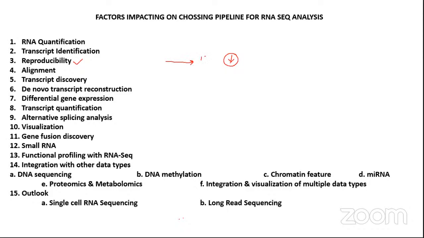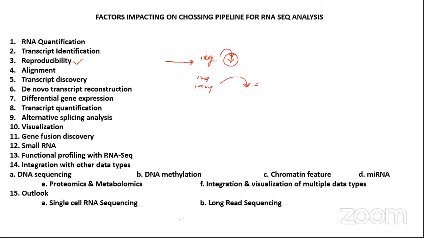If I am taking 1 microgram of RNA, then I am able to see my lowly expressed genes coming. But if I am taking only 1 nanogram or 100 nanograms, how will the expressed genes come in my data?